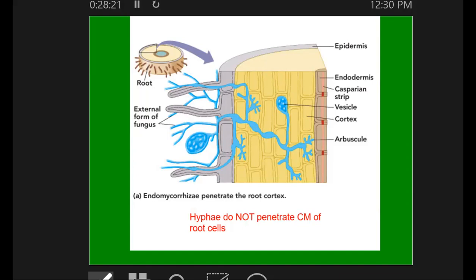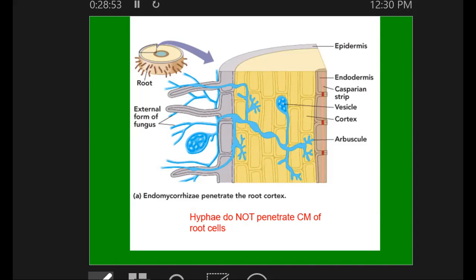And then the artist here is drawing the vesicles and arbuscules. And then they're also trying to show how the hyphae comes off the root. So again, with this fungus, a huge part of their job is to get their hyphae out into the soil. So the hyphae with endomycorrhizae, they grow a little bit on the surface like this, but they don't do a mantle like with ectos.